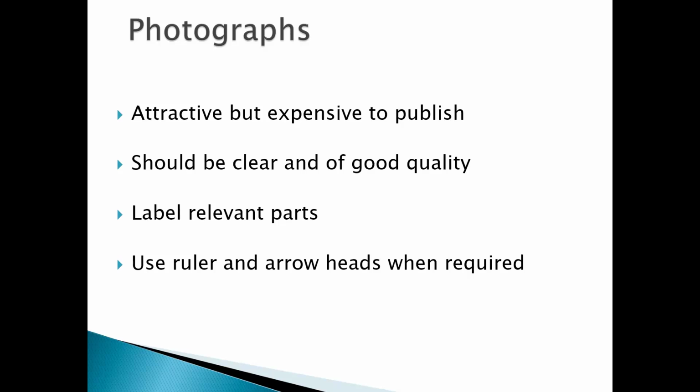Why? Because nowadays people take photographs in a zoomed way, and we will not be able to imagine the size of the object that you have put in as a photograph.